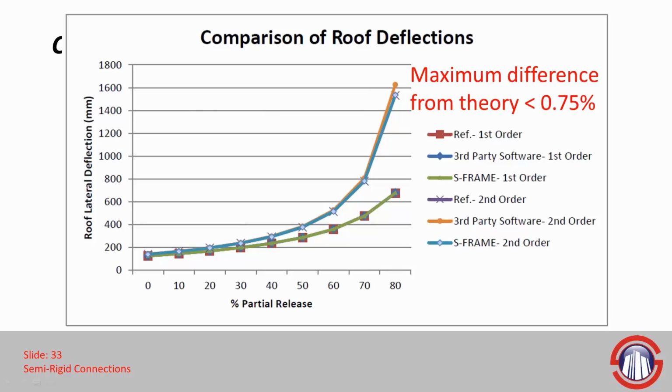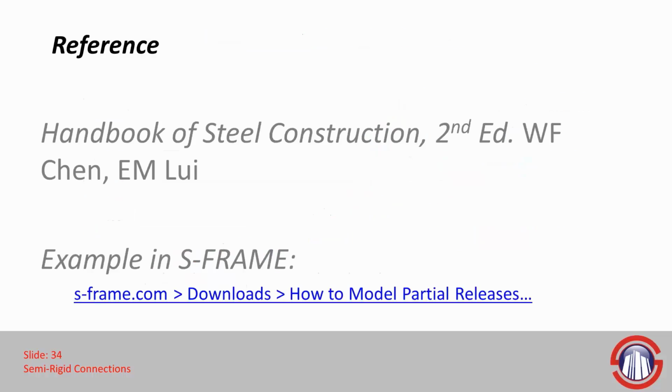And just for your information as well, the maximum difference between the theoretical hand calculations that were used and SRAM's results was less than 0.75%. So we were quite close to the theory example that was used. And you can also find that through our website, sframe.com, under Downloads, How to Model Partial Releases. You can find the references that we're using.